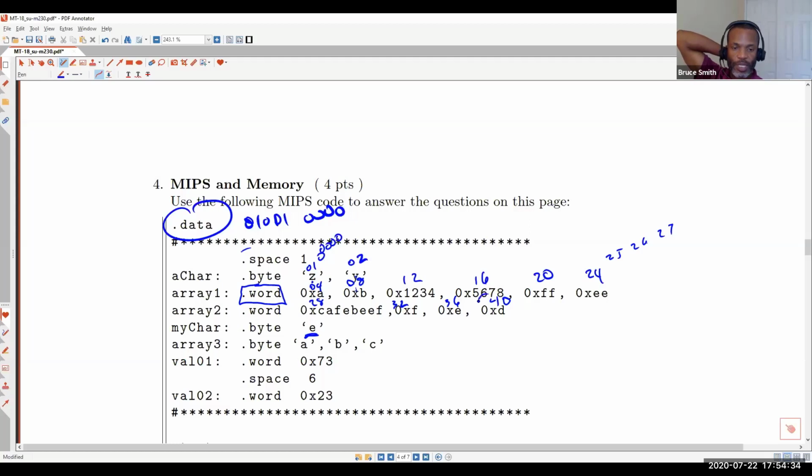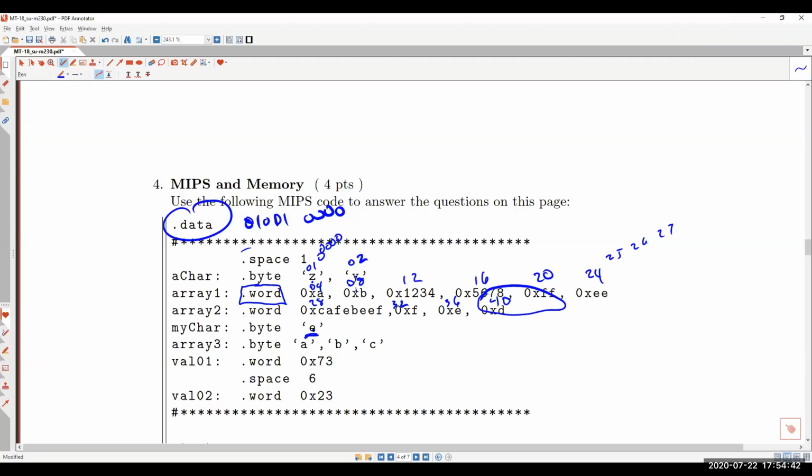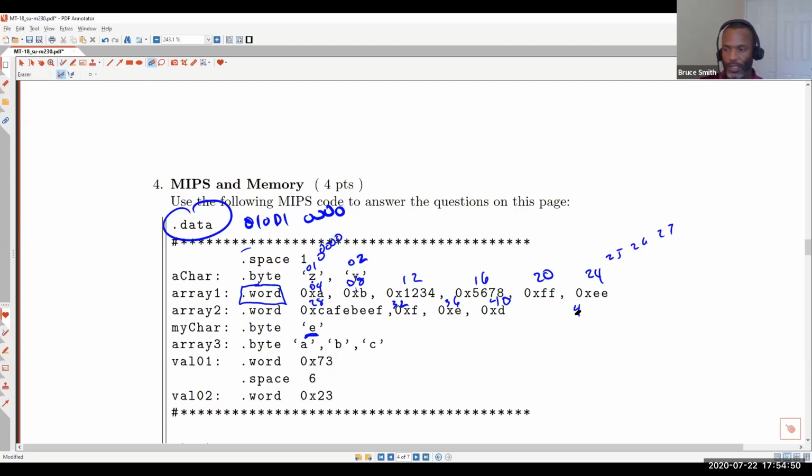So don't forget, we stopped counting here. 45. I think you're right. So 40, and he takes up, oh, here. You got the right idea. You're off by 1.